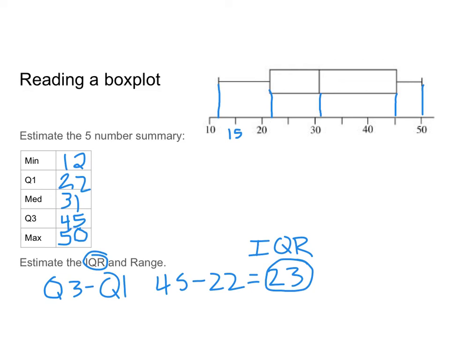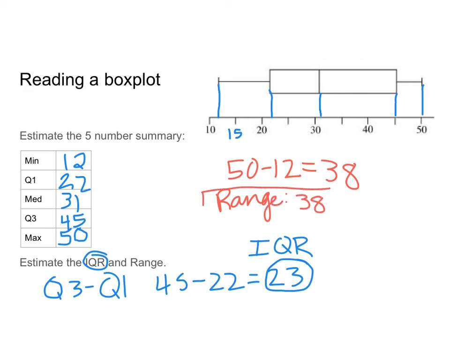And then for the range, that's the difference between the minimum and the maximum. So we're going to do 50 minus 12, which will give us 38. So the range is 38.